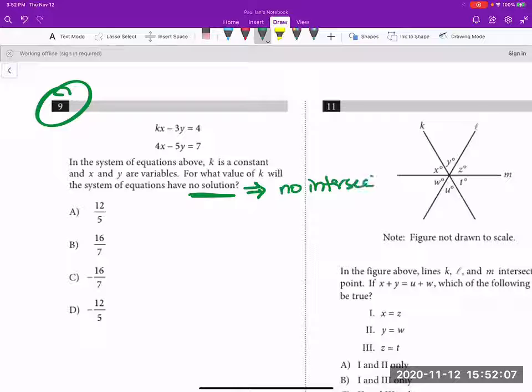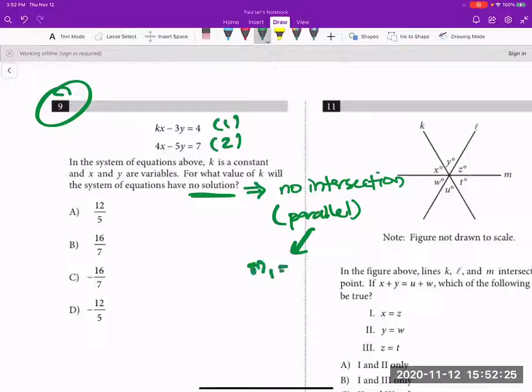So when two lines don't intersect, what are they then? Parallel. Yeah. That's something you had to know ahead of time. So no solution means they're parallel, which means their slopes are the same, right? So m of 1 equals m of 2. That's what they're trying to test.